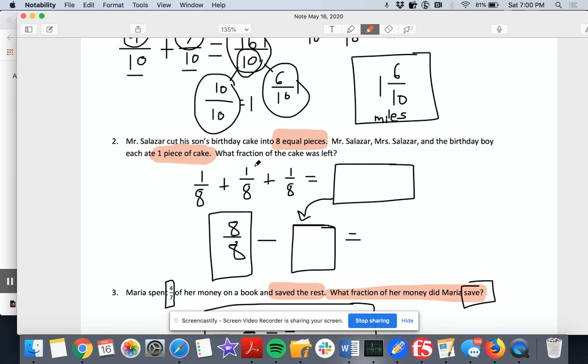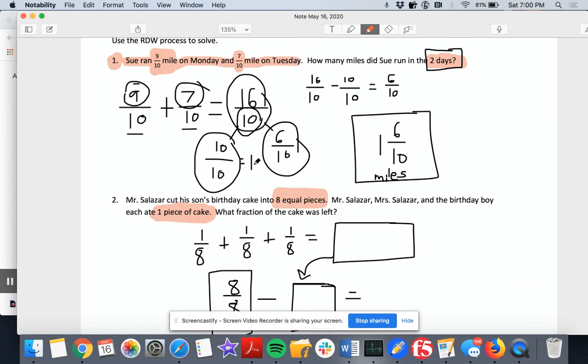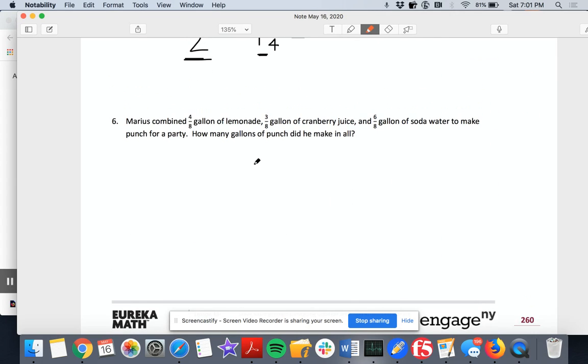So we would have done 1 and 6 together. So Marius combined 4/8 gallon of lemonade, 3/8 of a gallon of cranberry juice, and 6/8 of a gallon of soda water to make punch. And it's asking us how many gallons of punch did he make in all?